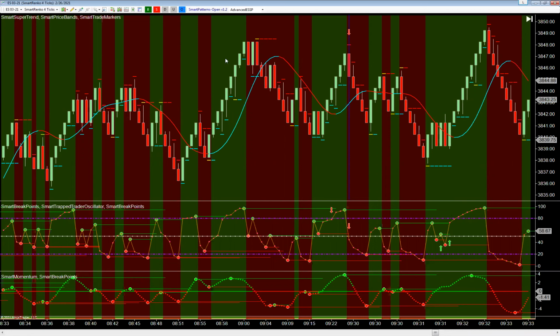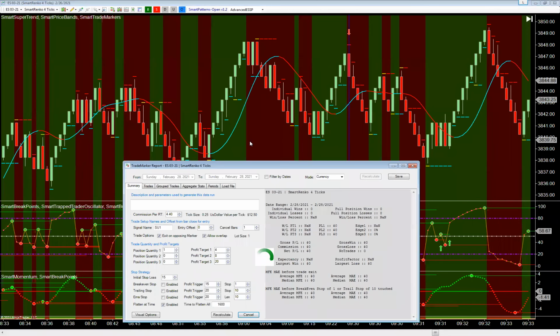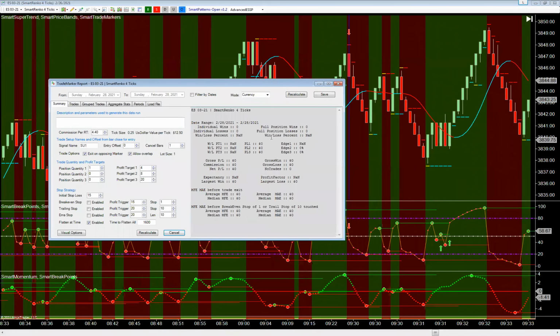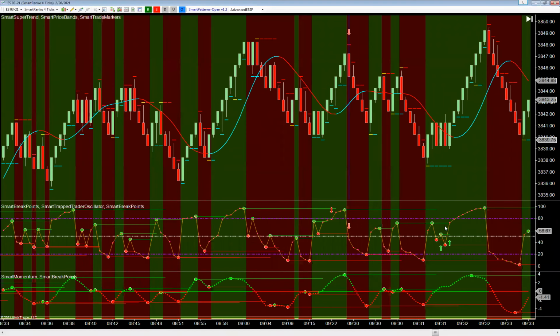So anyway, what we're going to do is pull out our trade marker software, and we're going to show you how we recap signals. So when we talk about track record, we know they're valid. And so here we have our last green horizontal line was over here, and our last red horizontal line was here.